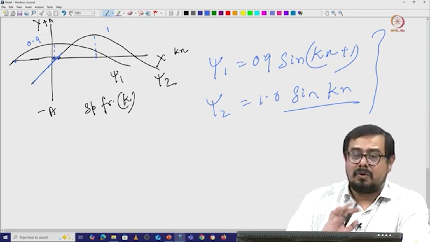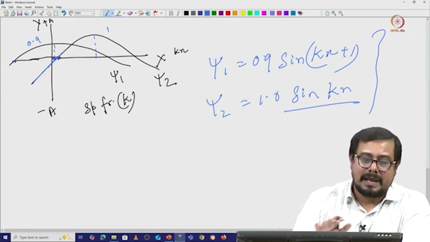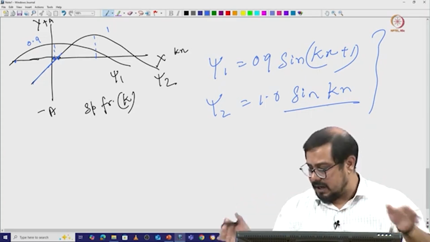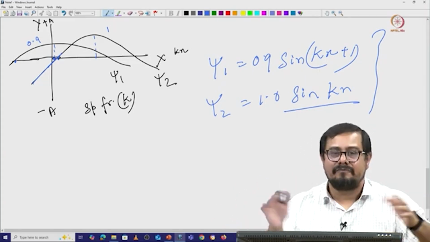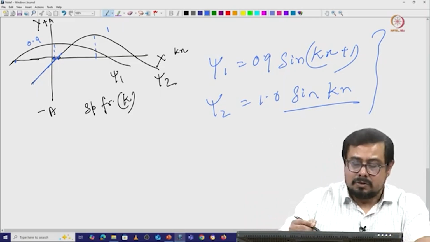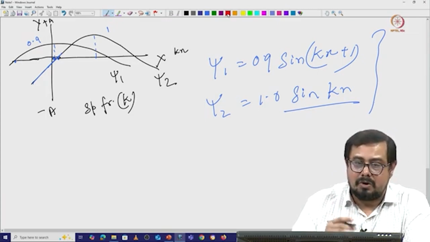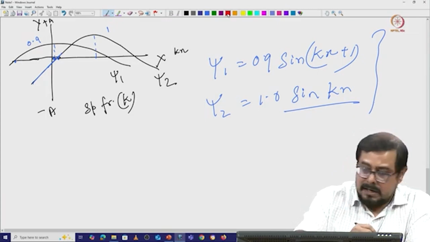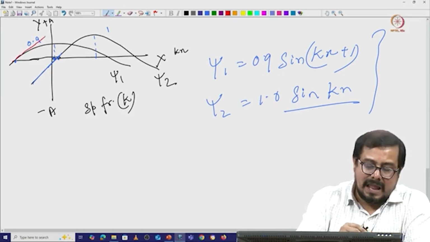We just want a clear idea of what happens when two waves propagate in the same direction and are almost in the same phase. When we look at these two waves, there will be some changes in the amplitude and the position.